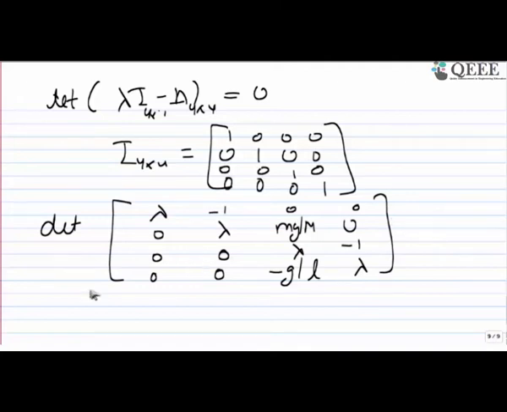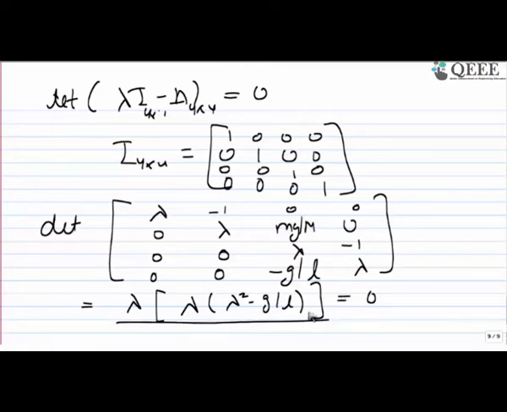Once I compute the determinant of this matrix, this is a square bracket, not a matrix anymore. This is nothing but the characteristic equation.